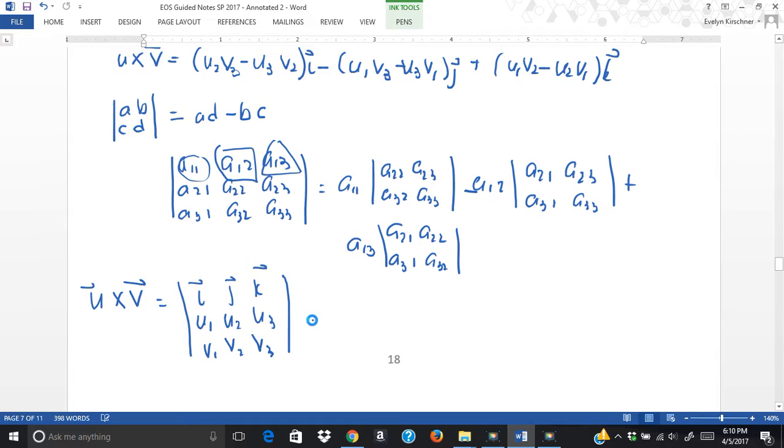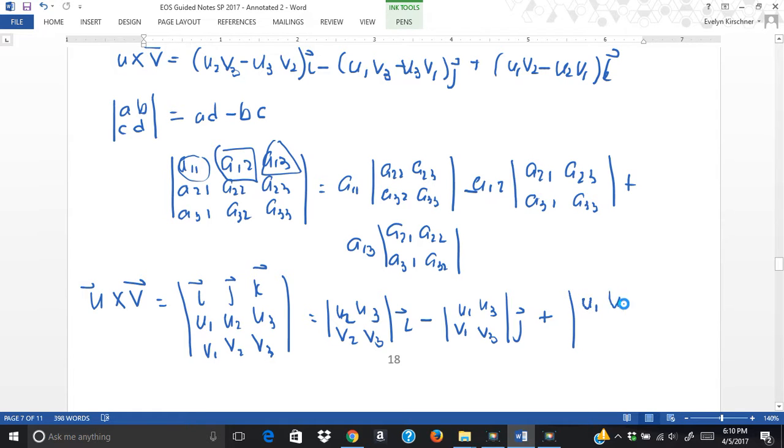And so I have the determinant of u2, u3, v2, v3 times i, minus the determinant of u1, u3, v1, v3 times j, plus the determinant of u1, u2, v1, v2 times k.